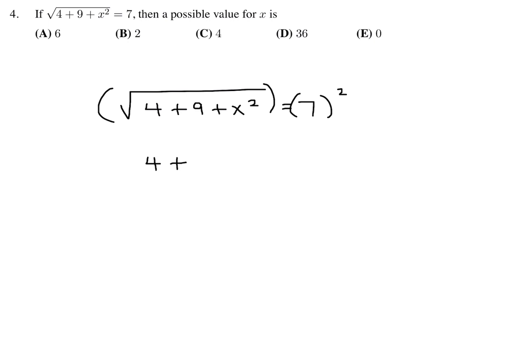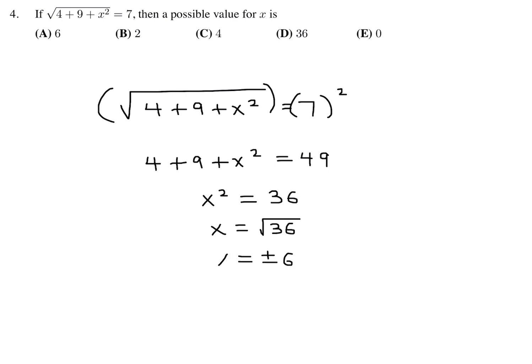So all you're left with is 4 plus 9 plus x squared, and on this side, it's 49. Then bring all the numbers to one side. So 49 minus 9 minus 4, which is 36. And therefore, x is the square root of 36, which is plus or minus 6. So a possible value for x is 6, and that's choice A.